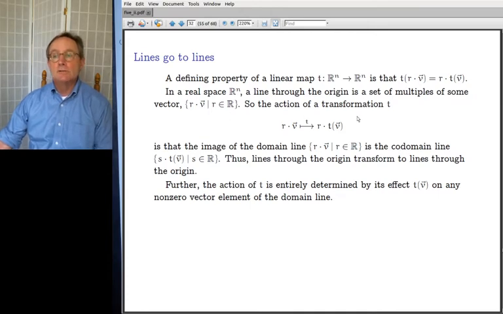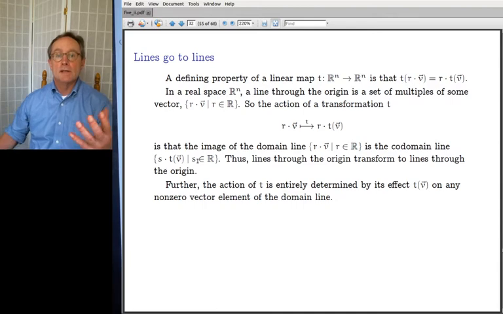So the action of a transformation T is to take r times v to r times T of v, so the image of the domain line r times v is the codomain line of all multiples of T of v. I used a different letter because I want a person to focus their attention on the fact that you have a line here in the domain and a line here in the range.